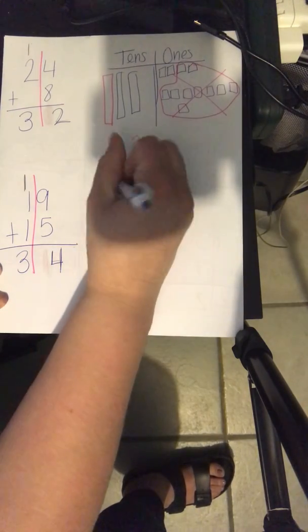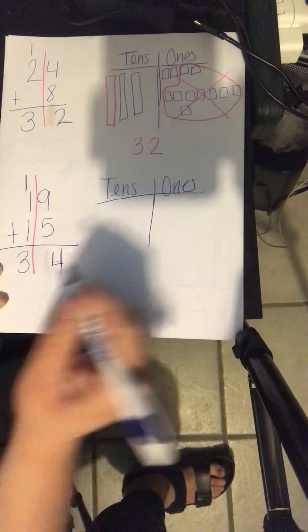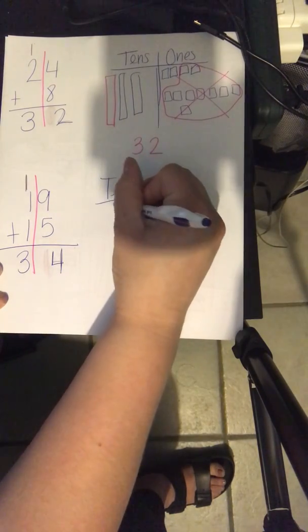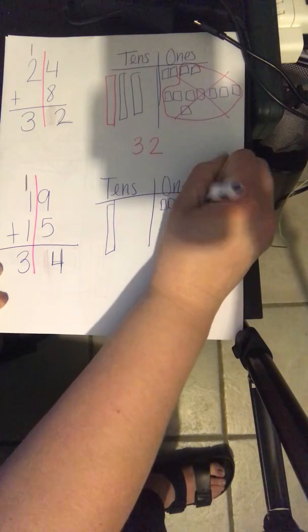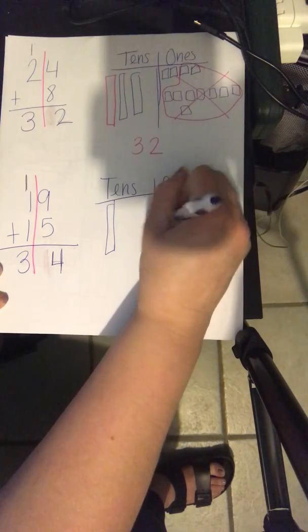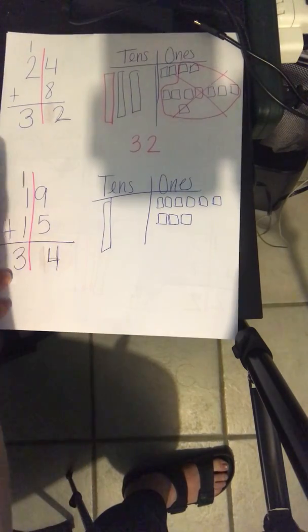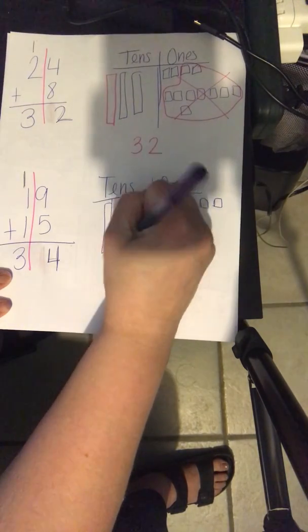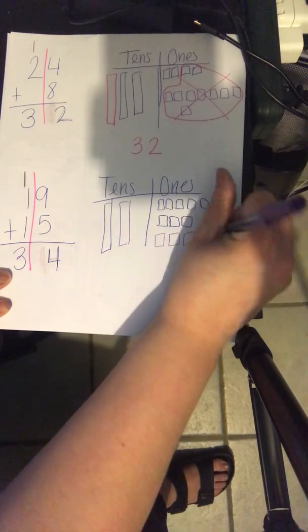Okay, if we were to draw it here in our tens and ones, we have 19: 1, 2, 3, 4, 5, 6, 7, 8, 9. And we have 15. Trying to draw these in separate colors so you can tell which one is which.